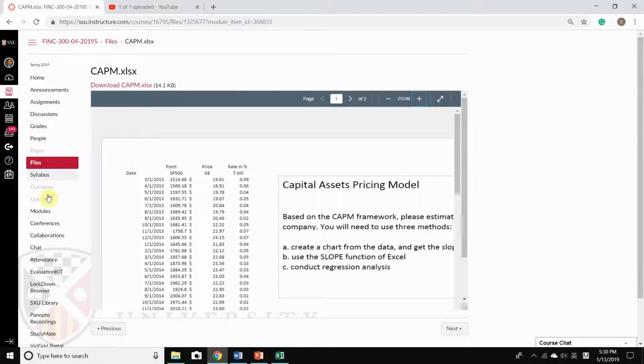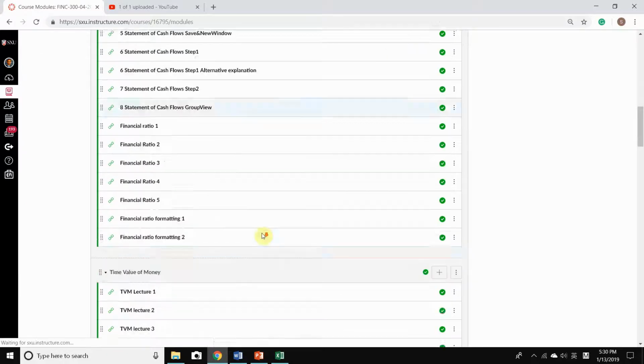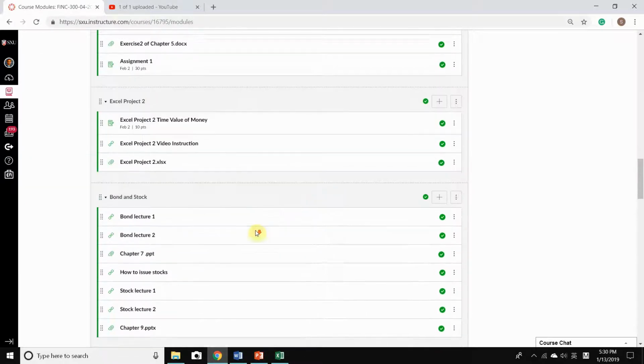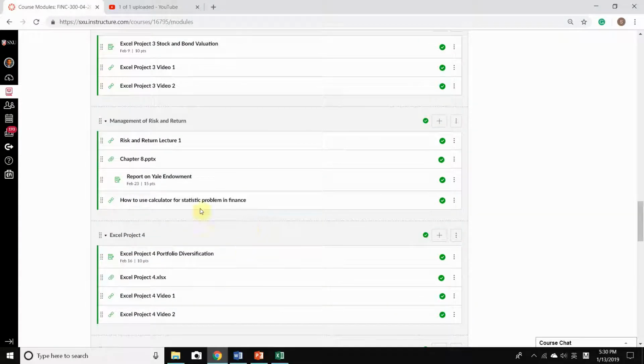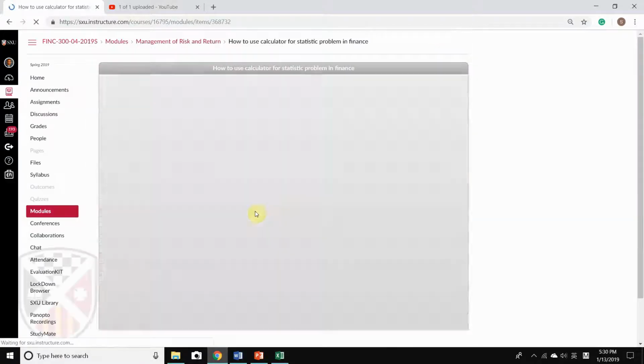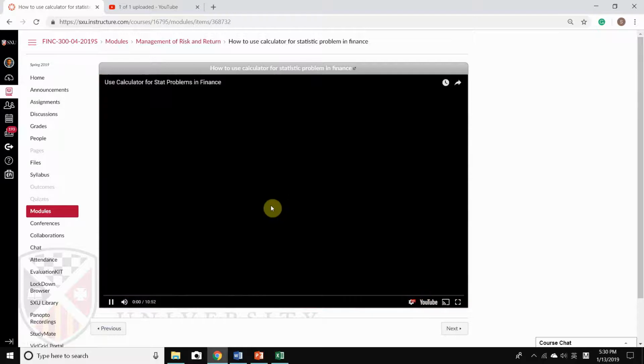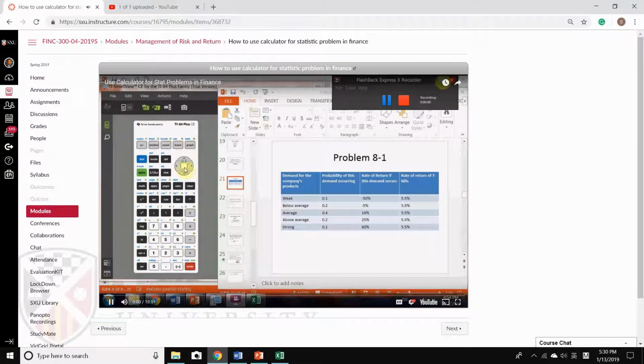In your module on Canvas, risk and return, if I scroll down, you will see that I have posted a link here, which teaches you how to use your calculator to do the job. Right here is the calculator, and these are the buttons you see, just like your own TI 83 or 84.